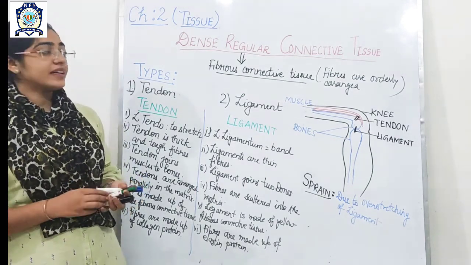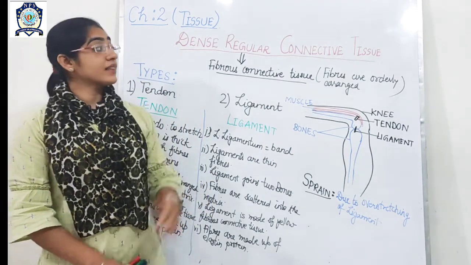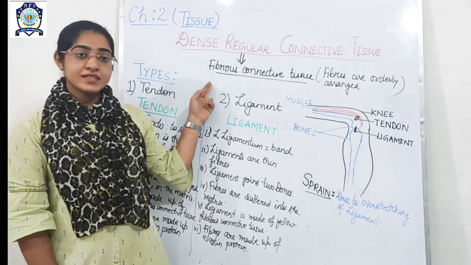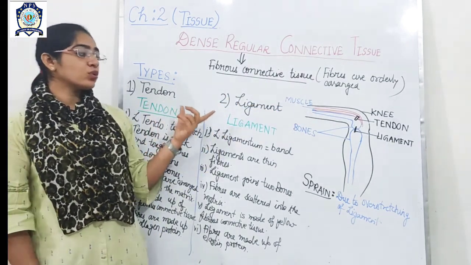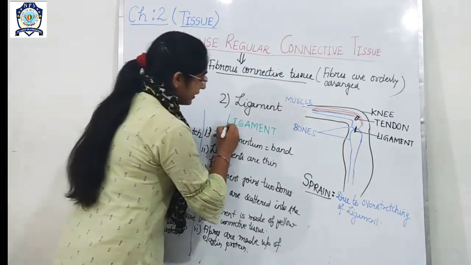So let's take a recap. Today what we have discussed: we have studied the dense regular connective tissue, its other name and its main feature. Then we have studied that it is of two types, one is the tendon and another one is the ligament.